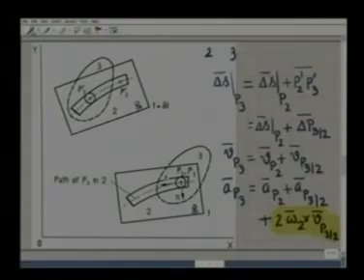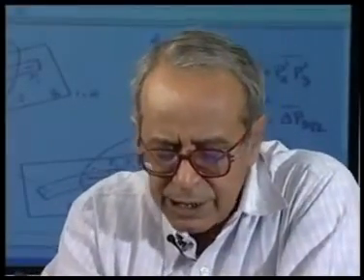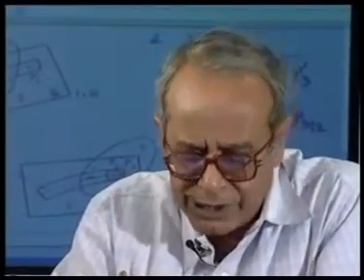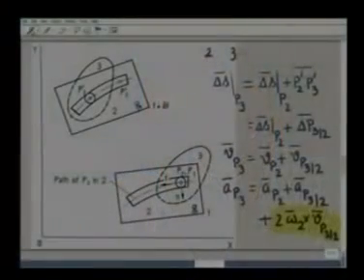So, let me repeat, by considering 2 instantaneously coincident points P2 and P3, where the path of the point P3 in body 2 is known, that is along this center line of the slot, Vp3 is Vp2 plus Vp32, whereas Ap3 is Ap2 plus Ap32 plus the Coriolis component of acceleration, which is twice omega 2 cross Vp32.